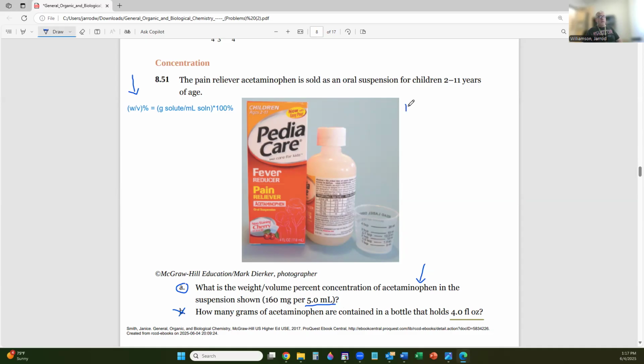So I've got 160 milligrams times 1 gram, exactly 1 gram is exactly 1,000 milligrams.